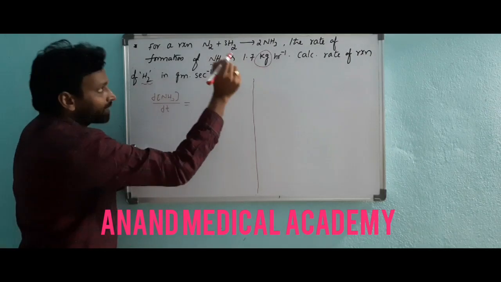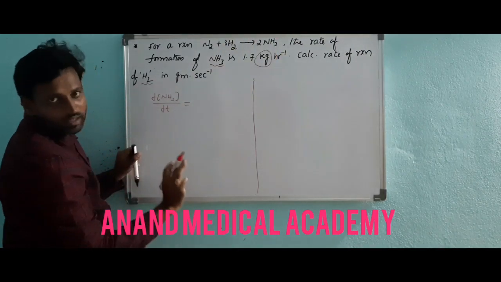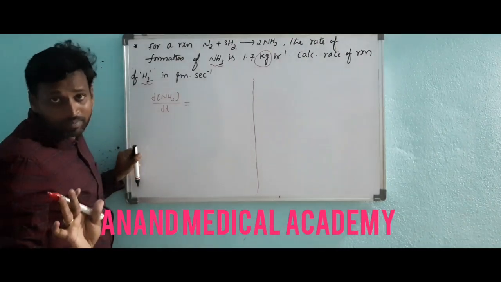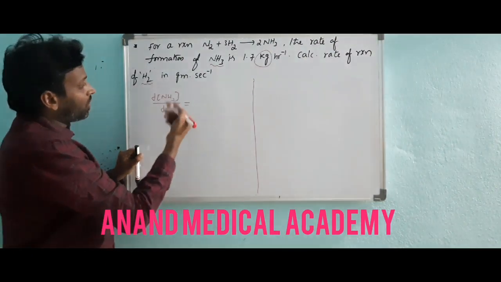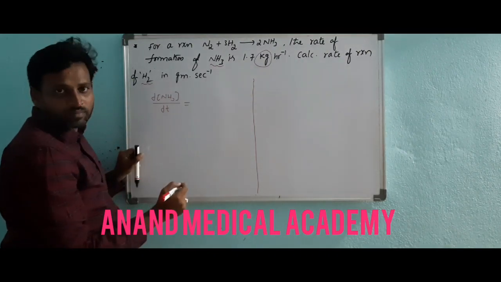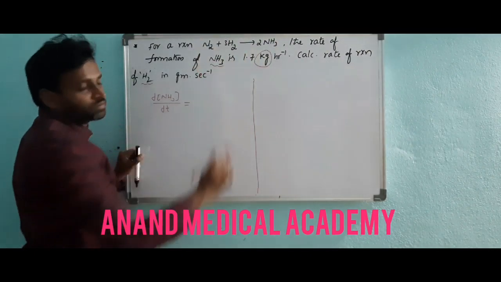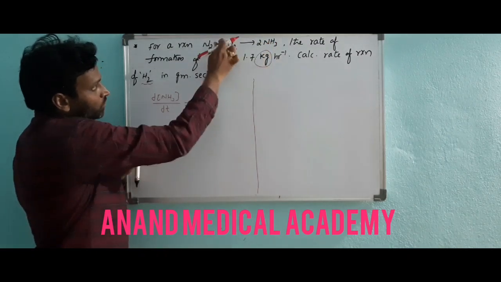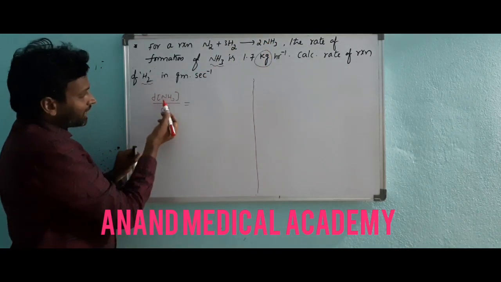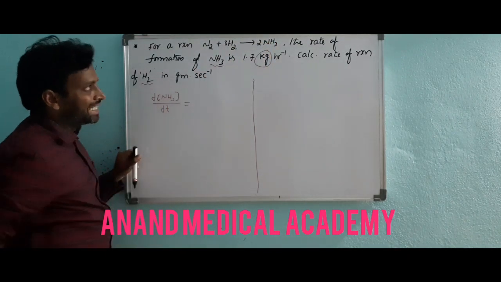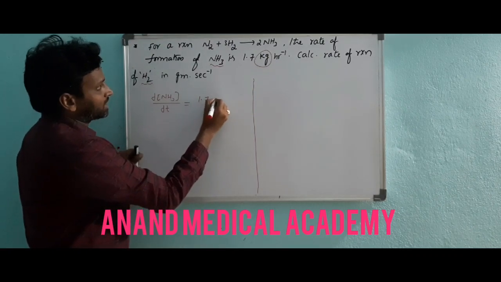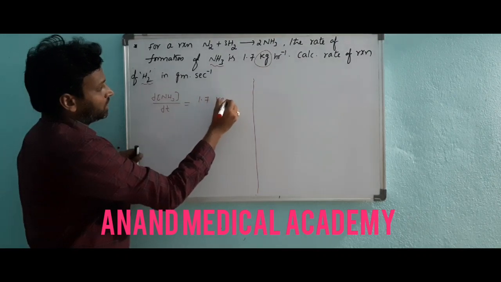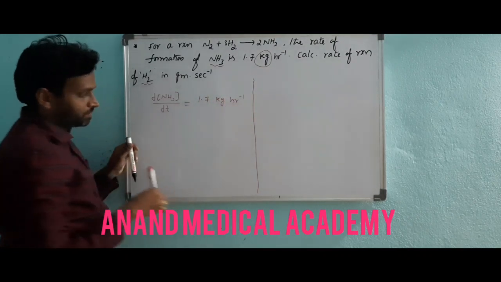When the rate is given with respect to ammonia, without the number of moles, I am telling you many times, rate of reaction means you have to compare both with the moles, here 1 by 2, here 1 by 3 like that. So d concentration of NH3 by dt, how much is given? Here 1.7 kg per hour inverse is given.